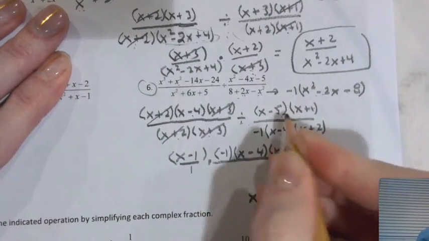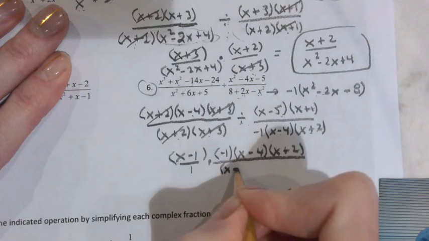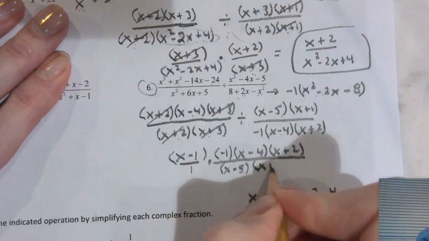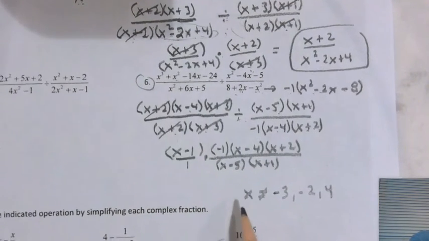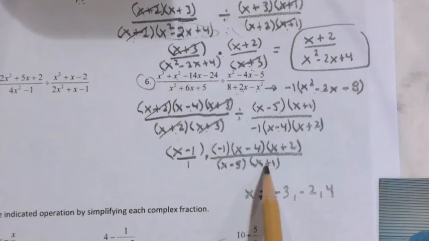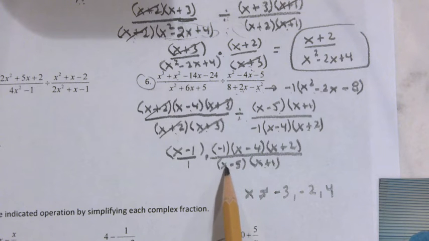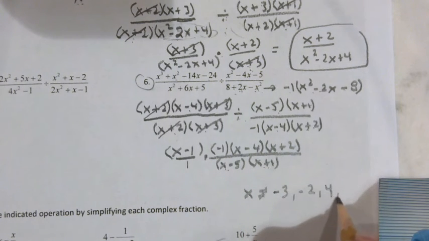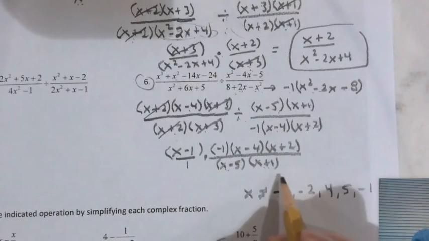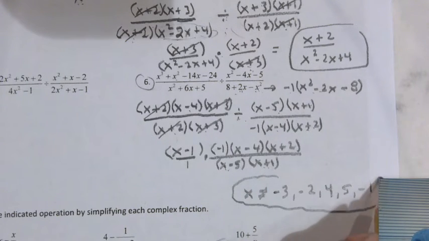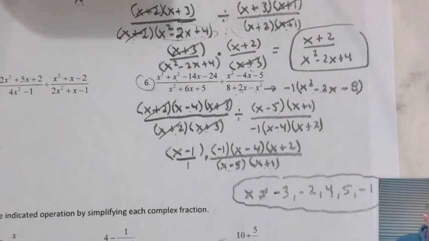And on the bottom, we get x minus 5, x plus 1. Now we have to add to our restrictions because, again, we're going to have values of x that make the denominator 0. So we're going to get a positive 5 and a negative 1. Okay, so now what we've got is, let me just double check something.